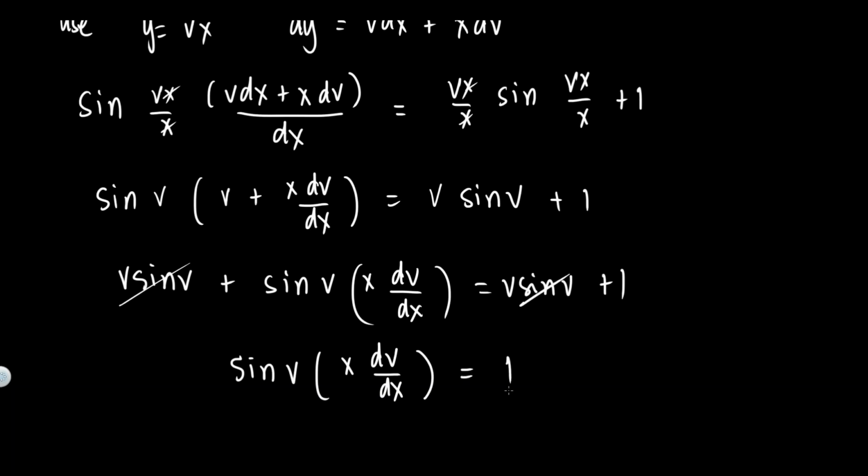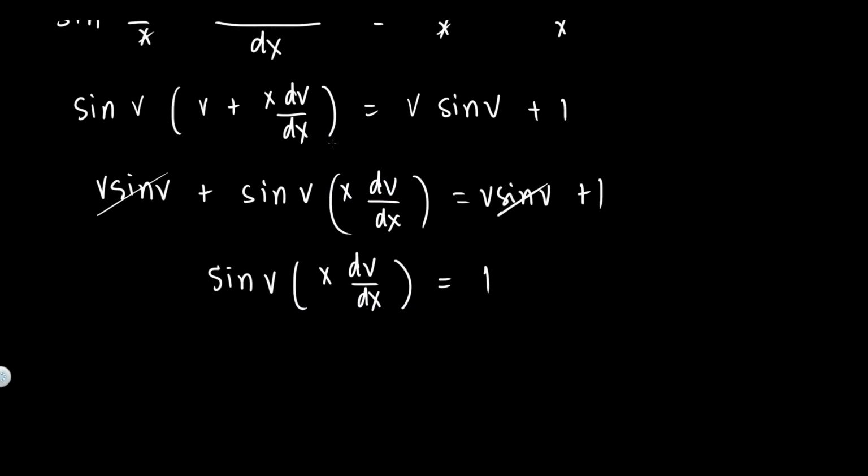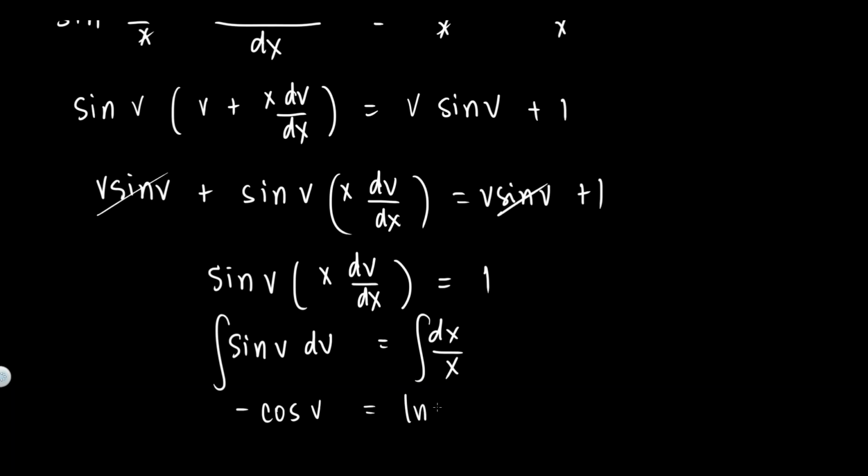Okay. So let's group them. Let's combine the x's with x and dv with v. Okay? So what remains is sine v dv, okay, equals dx over x. Integrate, integrate. So we have, what is the integral of sine? Negative cosine of v equals, the integral of dx over x is ln of x.